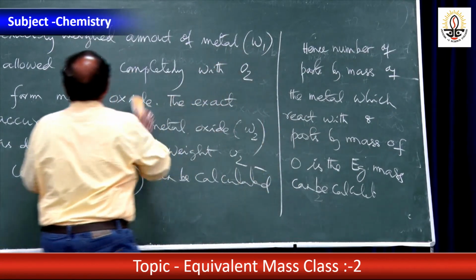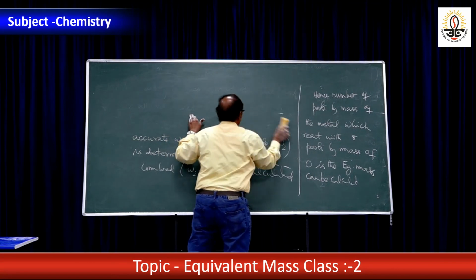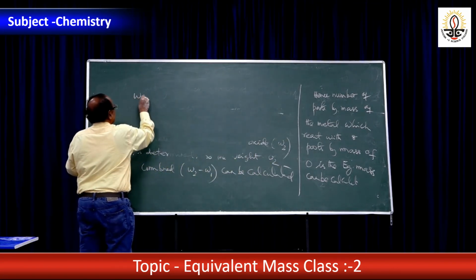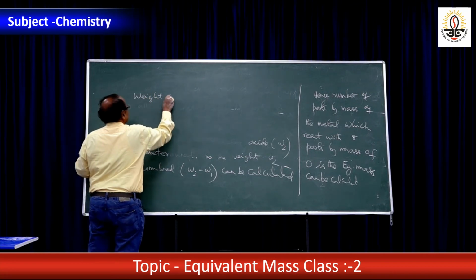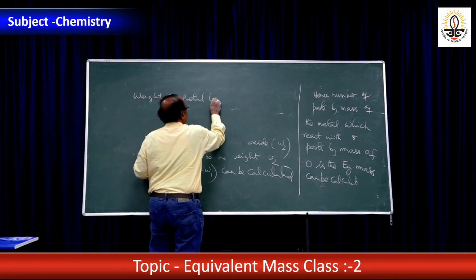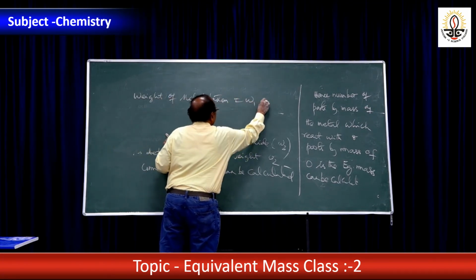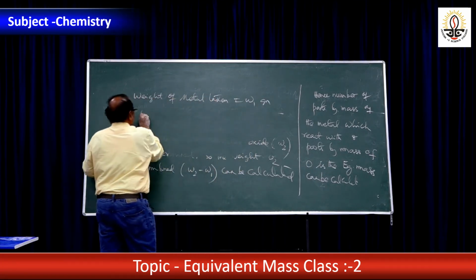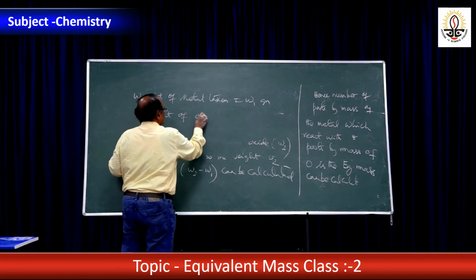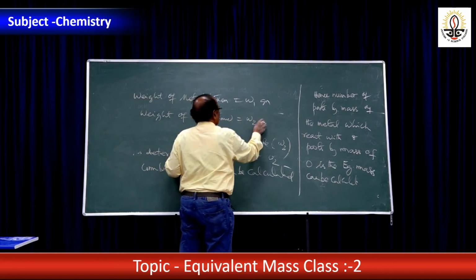I am writing it very easily to make it easier. So what I did: the weight of metal taken is W1 gram, the weight of oxide formed is W2 gram.